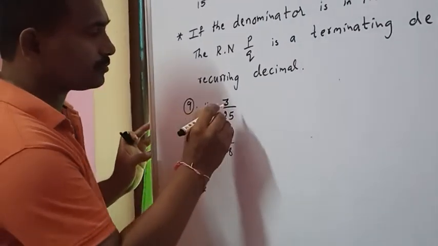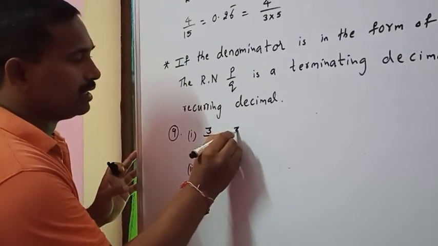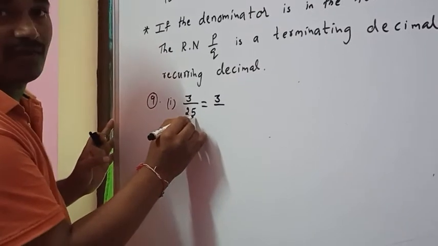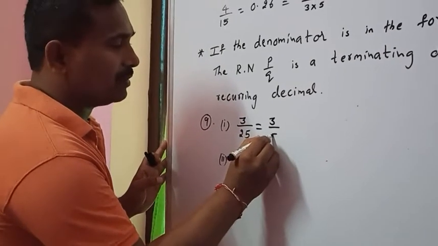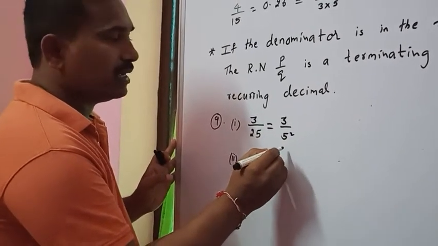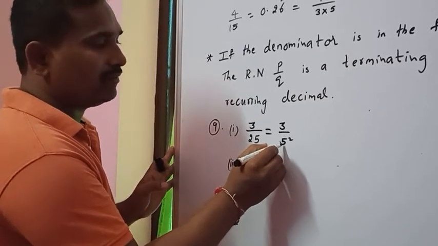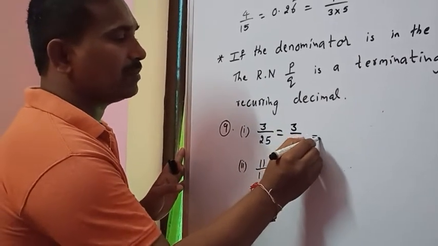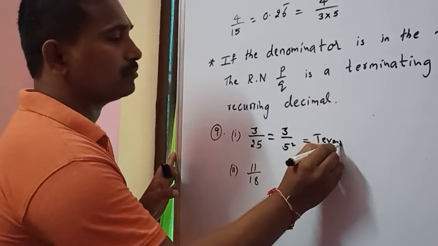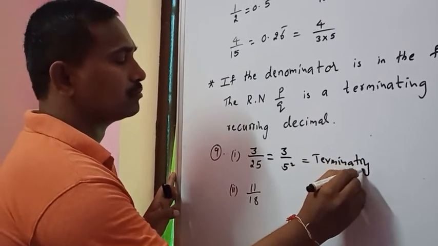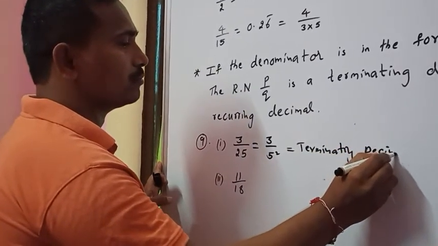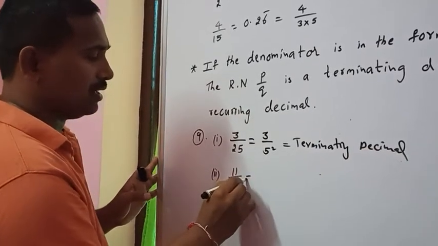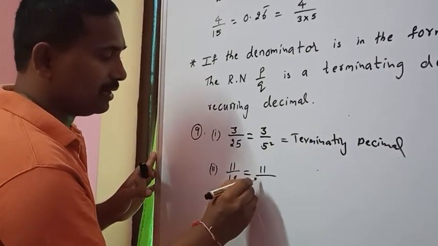See here, 3 by 25. If you factorize 25, 25 can be written as 5 square. Here the denominator has only factor 5, so it is a terminating decimal. Now factorize the denominator 18.